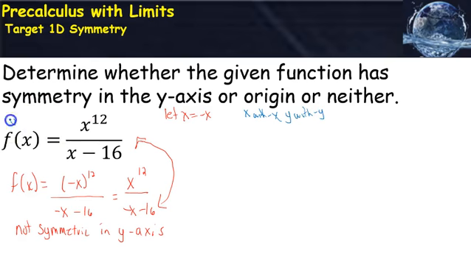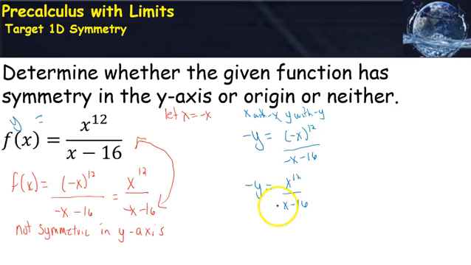So this is really y equals, so I'm going to replace that with negative y equals, and again x with negative x, so negative x to the 12th over negative x minus 16. I'm going to leave the negative y for the time being, and I get positive x to the 12th over negative x minus 16. That stays a negative. The negative x to the 12th turns positive.